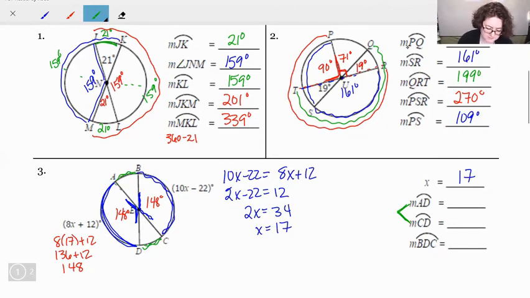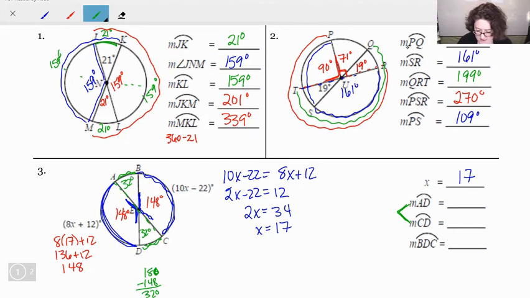Well, sure. Half a circle means the 148 plus another angle would be 180. So let's just do 180 minus 148. That's an 80, not a 6. So 180 minus 148 gives me 32 degrees. So these are both 32, and now we should be able to answer everything else.